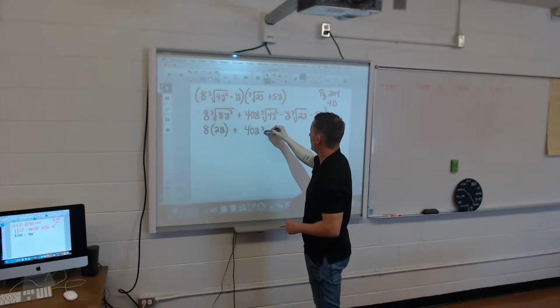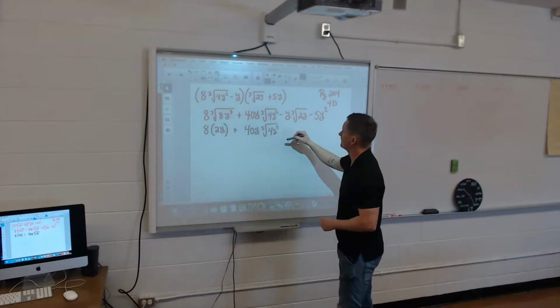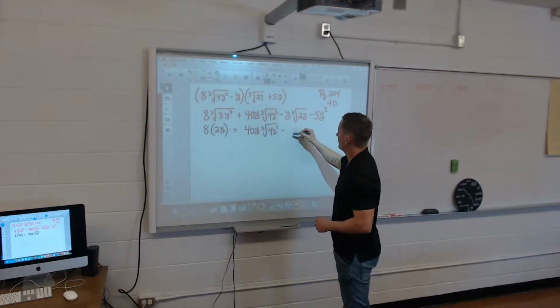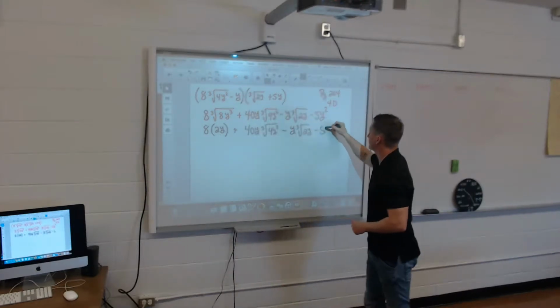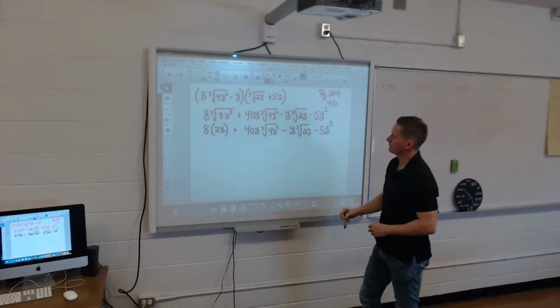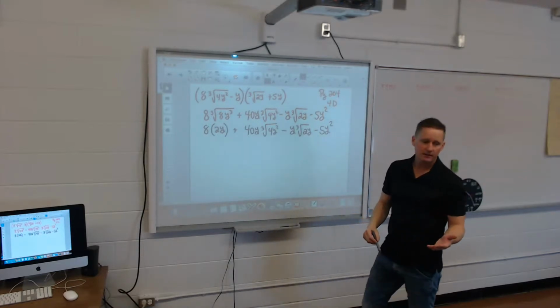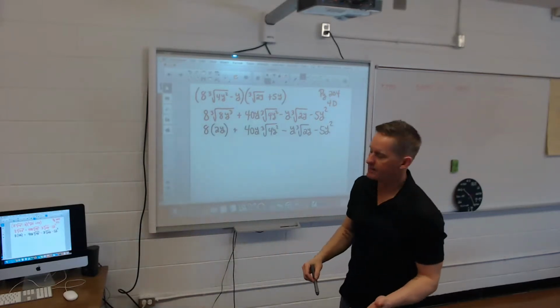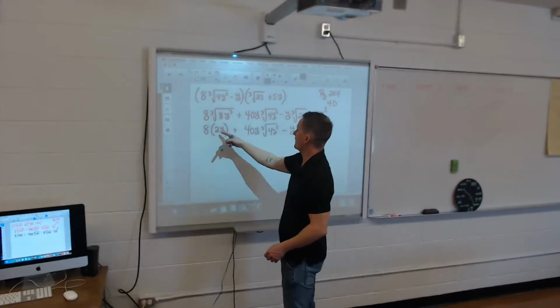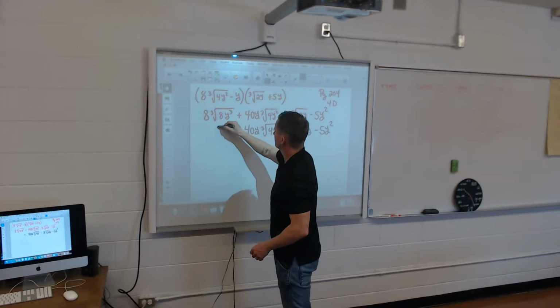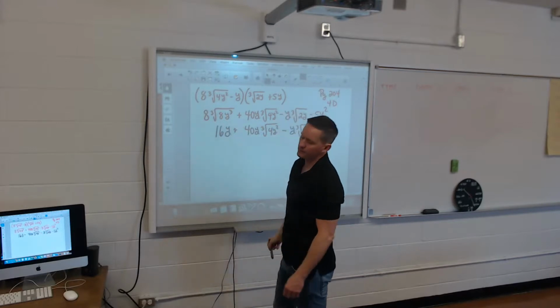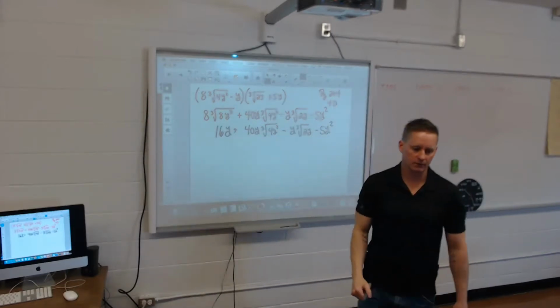This stays as 40y cube root 4y squared. Okay. This, of course, can't break down either. 2y. And I've already broken this down to 5y squared. So then basically, the only thing I had left to do that I could simplify is this right here, which becomes, there's my final answer for that question.